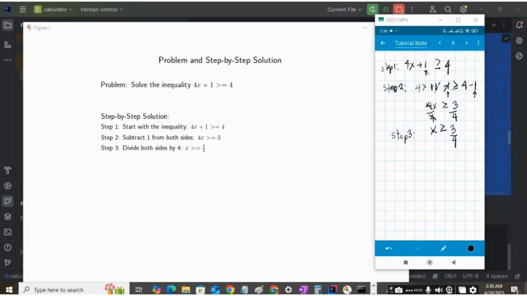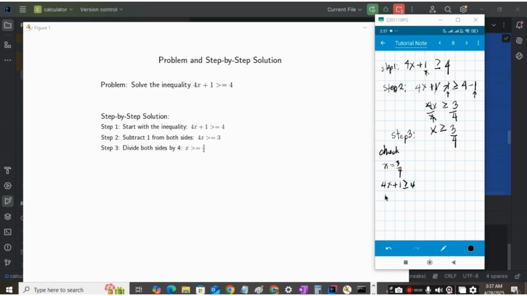So this time we will try to check our answer. Again, our answer is x is greater than or equal to 3/4. Let's check the case where it is equal to 3/4. Let's write the inequality again: 4x plus 1 greater than or equal to 4.